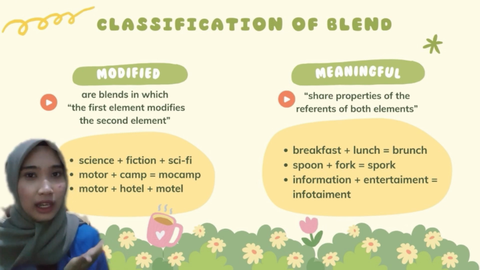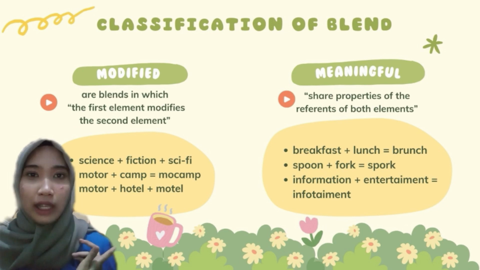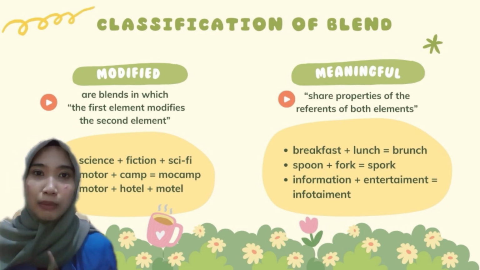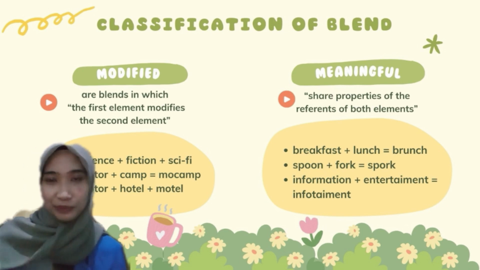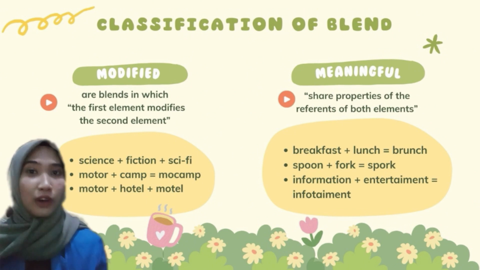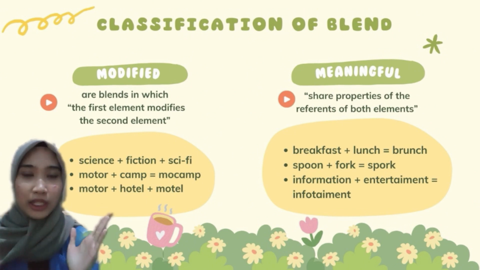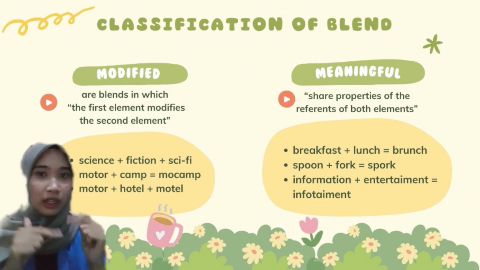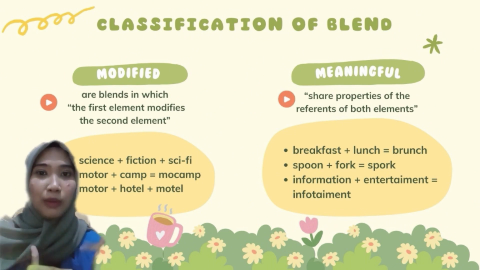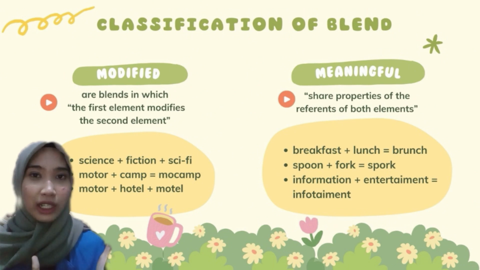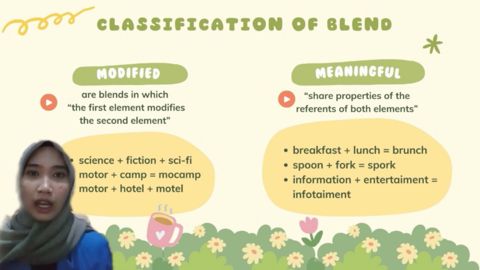Okay, the first classification is modified. Modified blends are blends in which the first element modifies the second element. For example, science plus fiction, which becomes sci-fi.